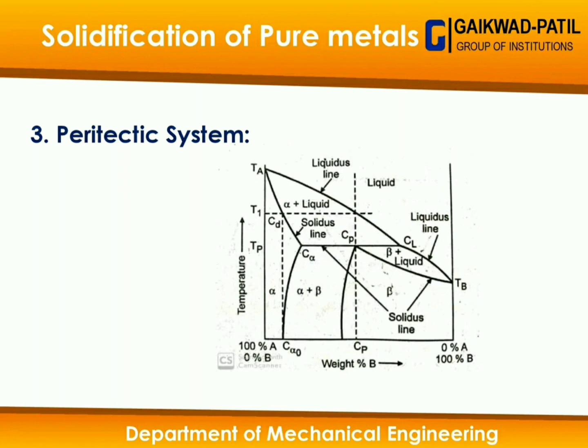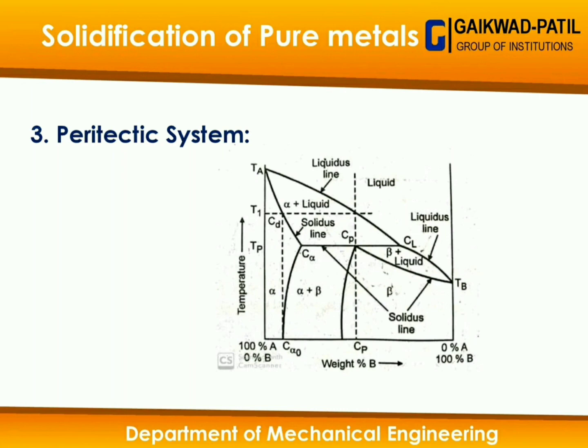But here we get alpha plus beta peritectic solid plus peritectic liquid. So at the end of this system we get a partial solid and partial liquid phase. We will not get the complete solid phase of the peritectic system.